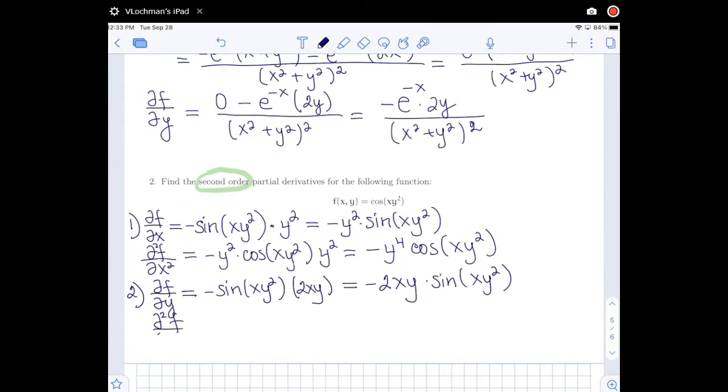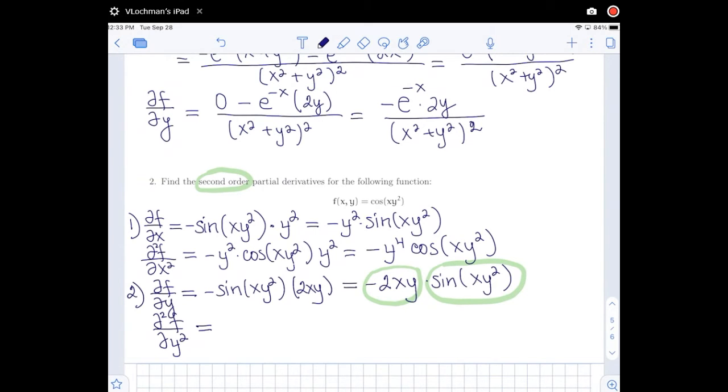The second derivative, the second partial with respect to y. Now we've got to be careful because we have a product of two functions of y. We've got to use the product rule.